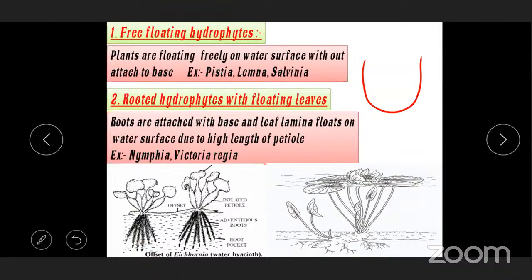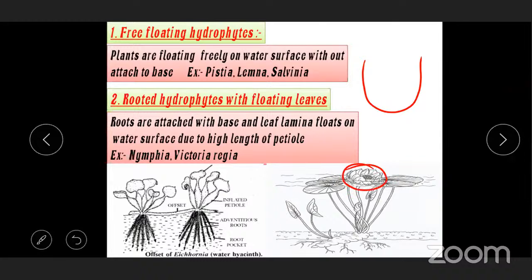Second one, rooted hydrophytes with floating leaves. Rooted hydrophytes means the roots are attached with the base, and the leaf lamina floats on the water surface due to the high length of the petiole. Here we are seeing a picture of Nymphaea.